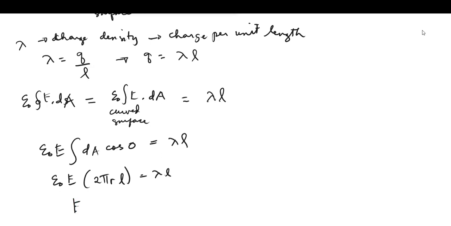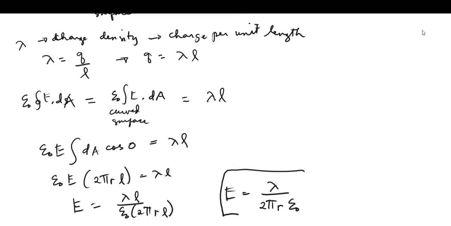So thus, our electric field is equal to lambda L over epsilon naught 2 pi R L, or E finally is just equal to lambda over 2 pi R epsilon naught. This is now the electric field due to our linear charge density, or the electric field due to the straight charged wire. Okay?